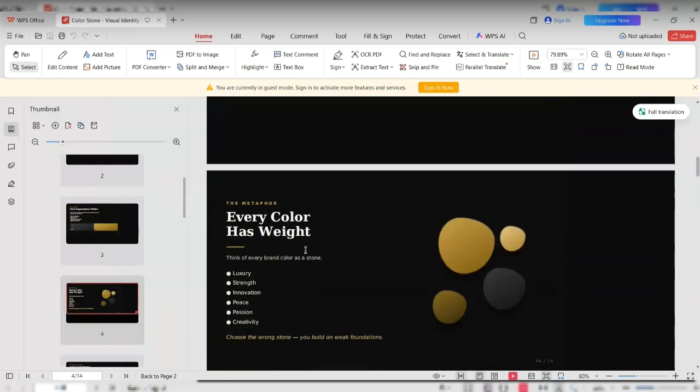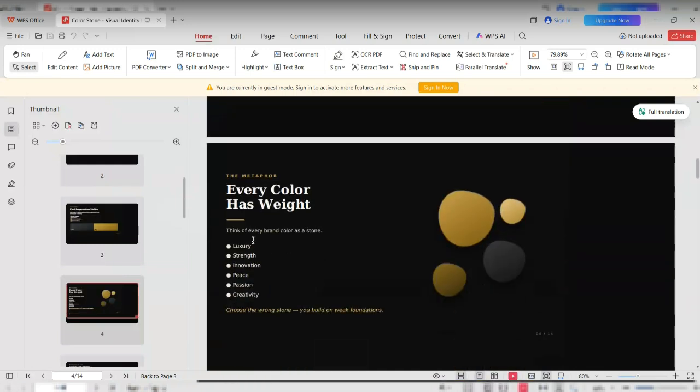Now, every color has weight. Think of every brand color as a stone. Luxury, strength, innovation, peace, passion, creativity. Every color that you're using, it tells a story. It has weight.